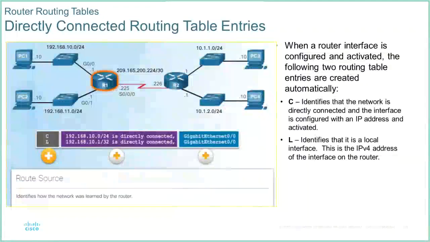As I said in the last slide, C identifies your directly connected network. L identifies the local link, which is the directly connected interface, its IP address there.